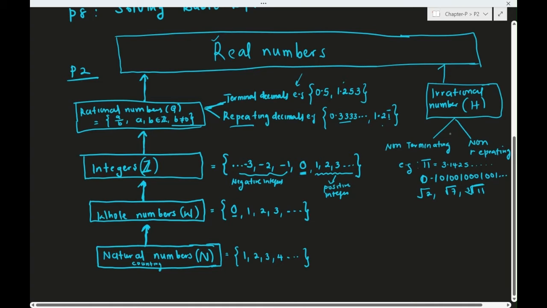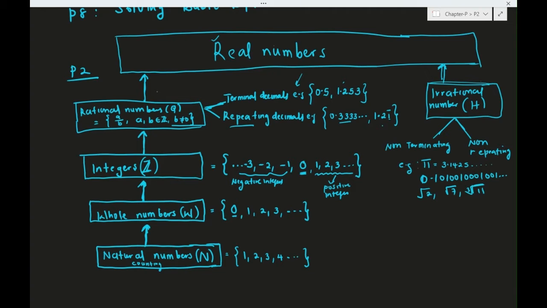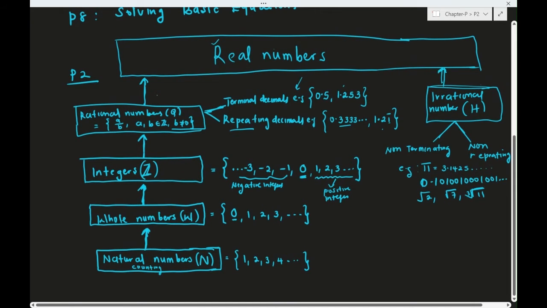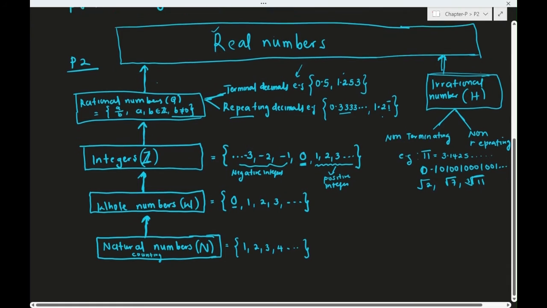And here on the right-hand side, every irrational number is also a real number. So in summary, a real number is categorized into two different parts: either a rational number or an irrational number. And so this is the classification or the types of numbers we have in this chapter P. Yeah, so this is P2.